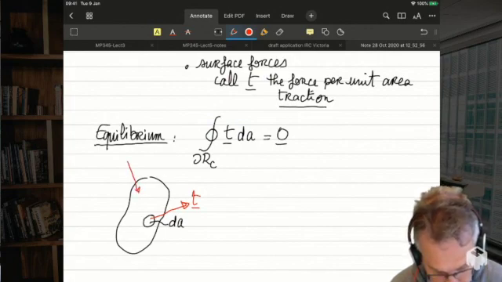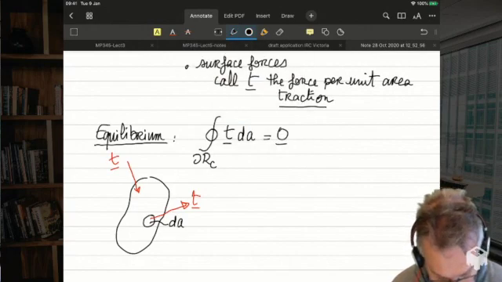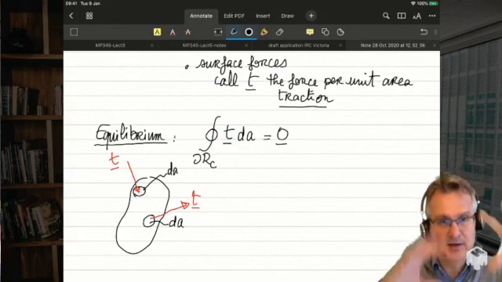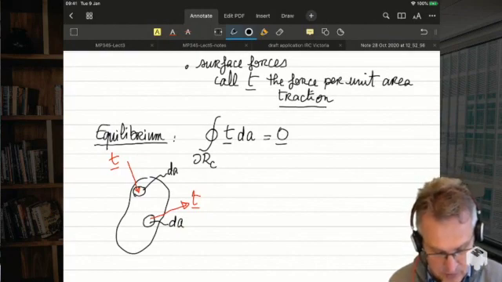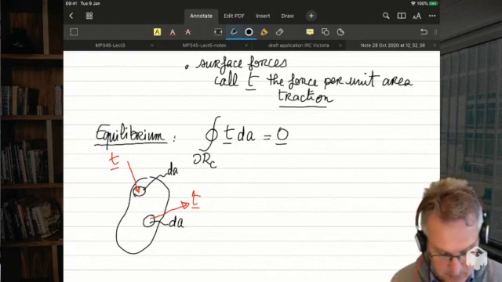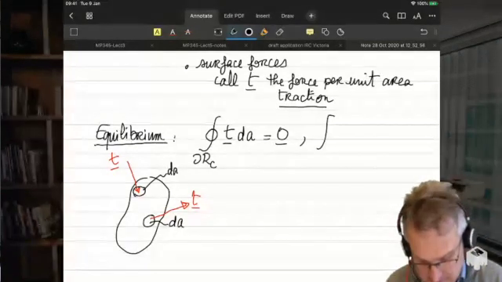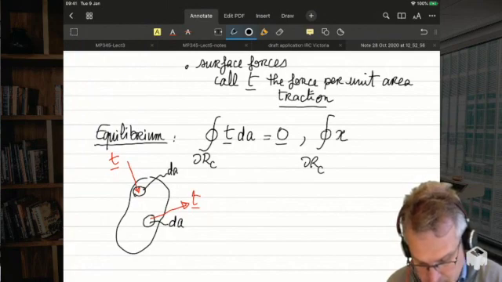At another point, maybe I have some compression that's applied, and that will be applied on a different dA. You get the idea, right? And I sum all those surface forces over the entire surface of the closed volume, and I get zero. And similarly, I get zero for the moments.